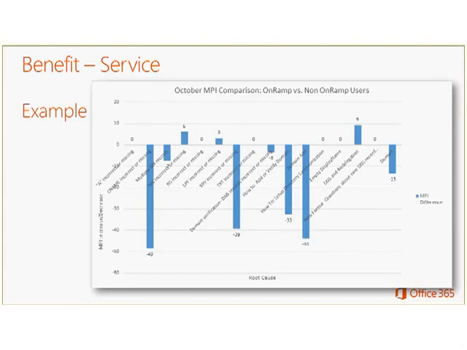I have an example here. I know it's a little bit of an eye chart, but I'll try to go through it. This is based on the comparison of customers that have used OnRamp and those that have not. We're working with their support counterparts to collect this data, and we can see, per major area, where OnRamp has made an impact.